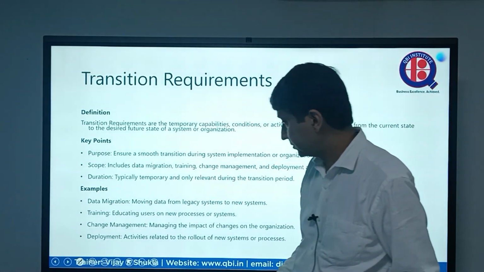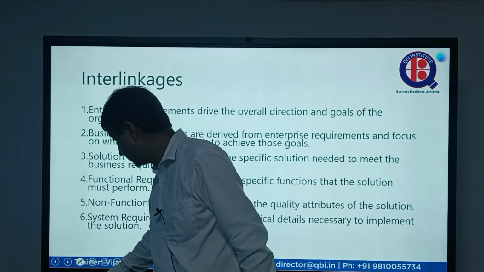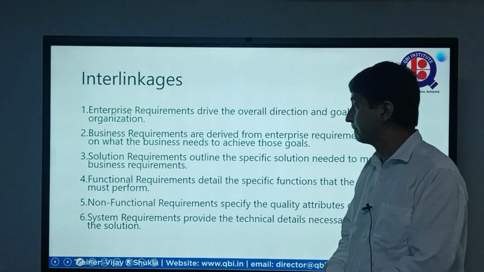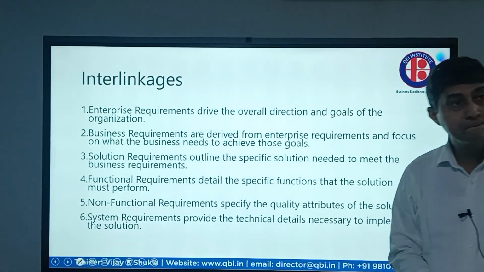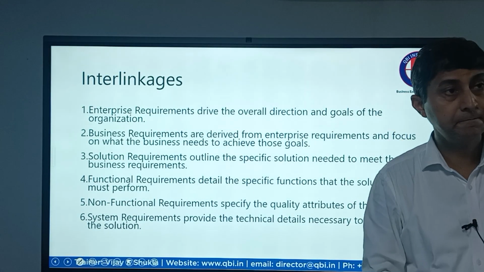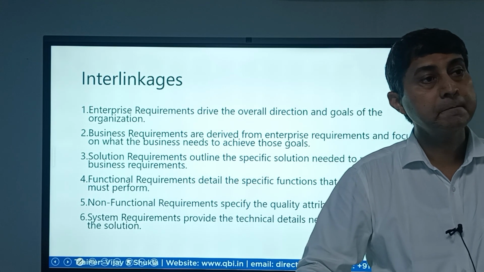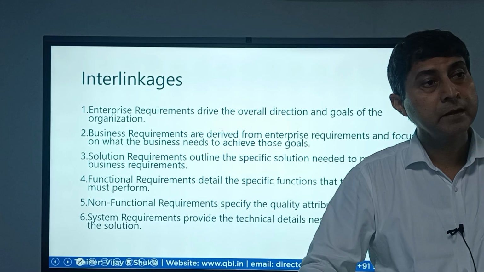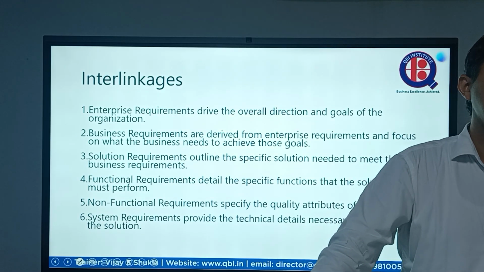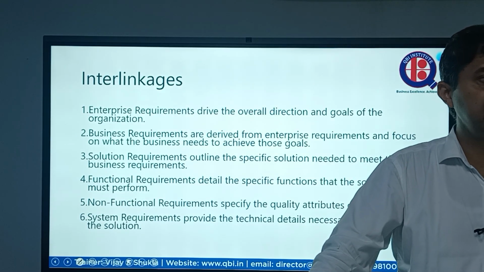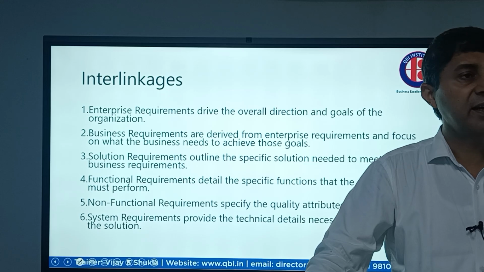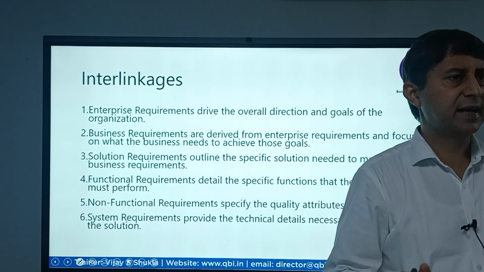And mostly, if an application is already available and the business wants to add a new feature or some enhancement in the application, at that time we need transition requirements. You see, systems are never static.